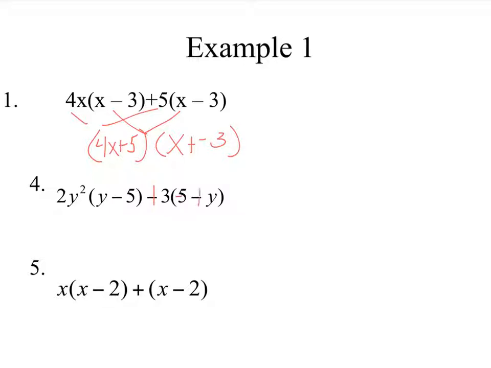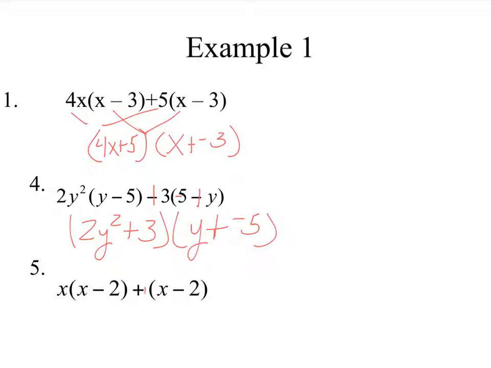The 5 will become negative, and the y will become positive. Now you can see that my two parentheses do in fact match. Even though they're in opposite order, the values are the same. So my first parenthesis is 2y squared plus 3, and my second parenthesis is going to be y plus -5.